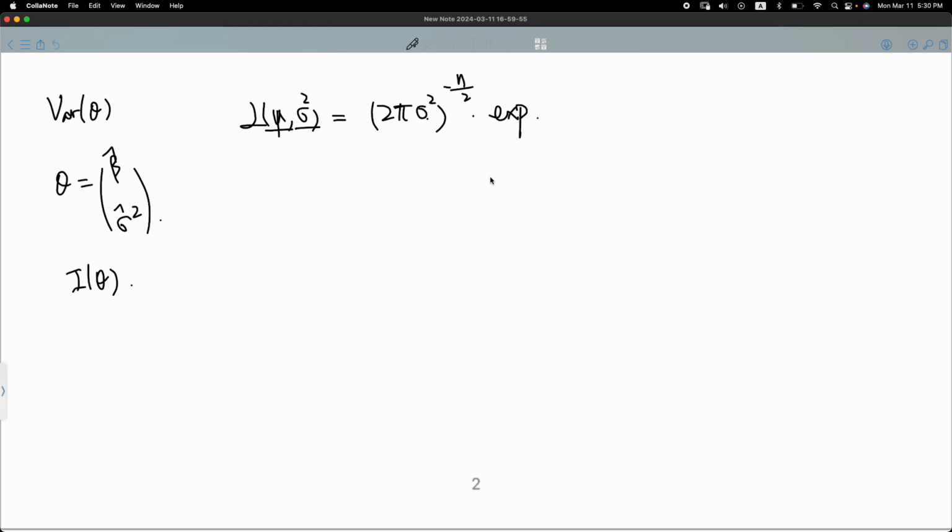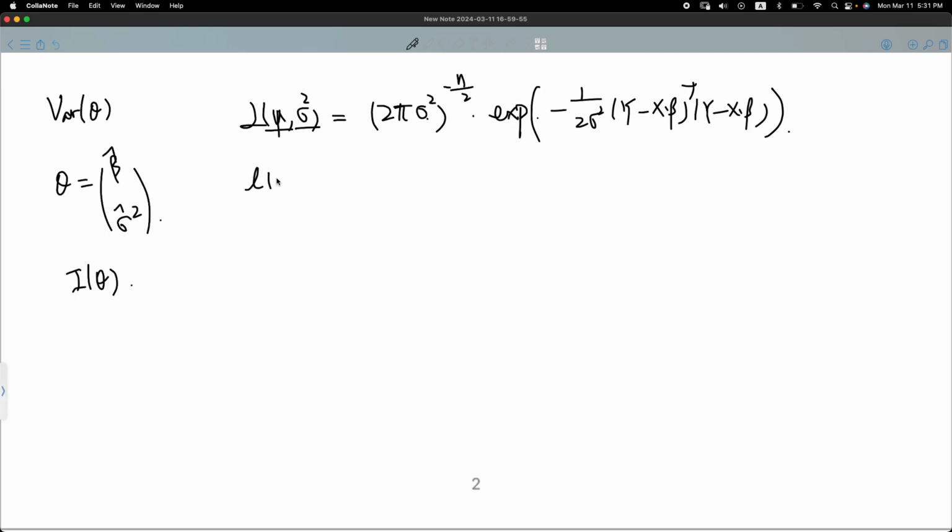The determinant of the identity turns out to be 1, so I'm not going to write it down here. Then we have negative 1 over 2 sigma squared, (y minus X beta) transpose (y minus X beta). This is just the formulation of the multivariate normal.